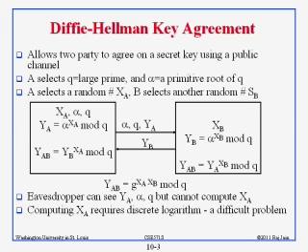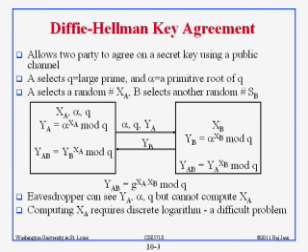Then A calculates YA equal to alpha raised to XA mod Q. So it raises alpha to the power XA, does mod Q, and whatever number comes out is YA.